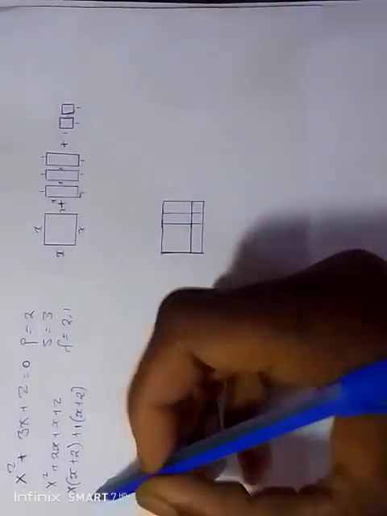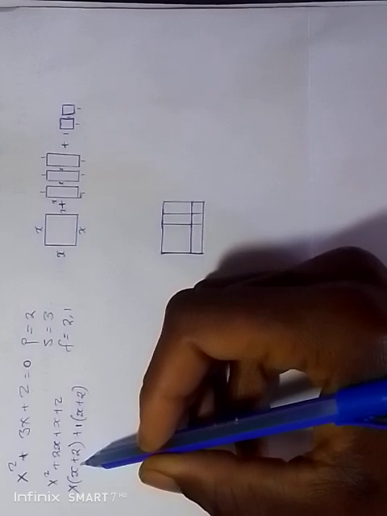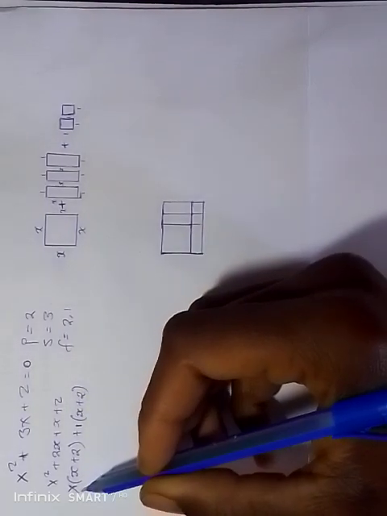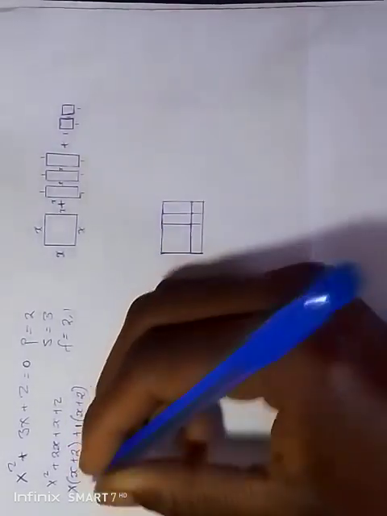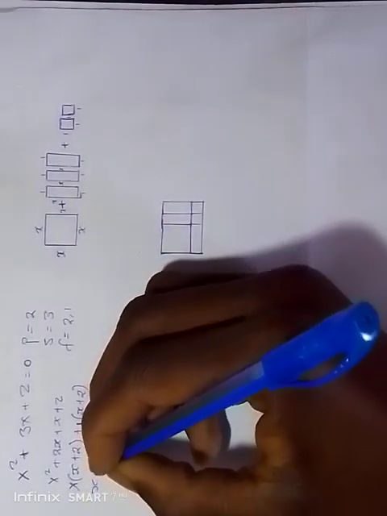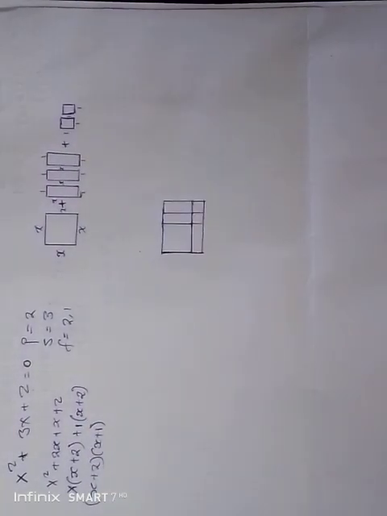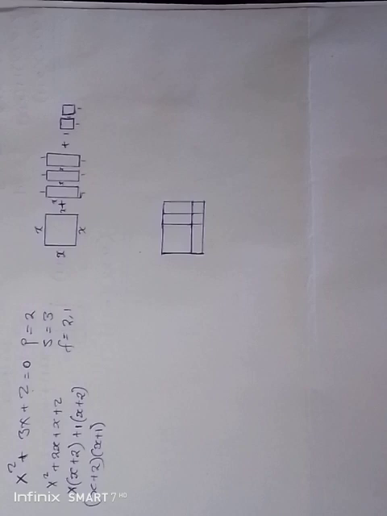Okay, so we have two same values, x plus 2 and x plus 2, but we have also x plus 1. So we're going to say x plus 2 and x plus 1. These are the values.